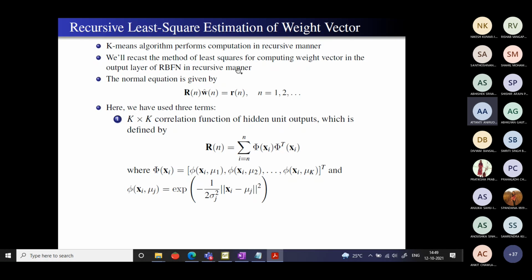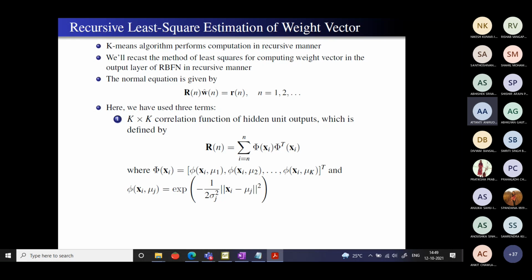So this small r is nothing but the cross-correlation between the desired response at the output and the output of the hidden units of the RBF network.